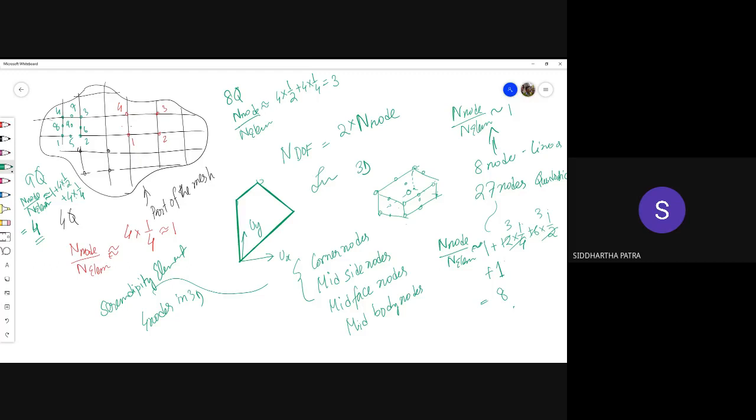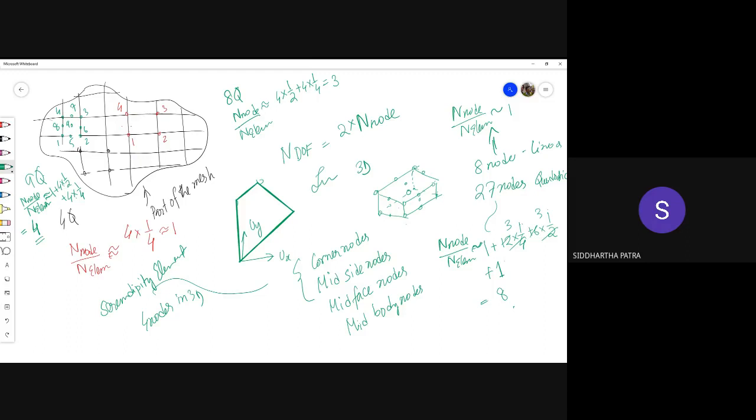When you are using a serendipity element, the term serendipity means that you are getting something for a lower price, or you are getting something that you didn't expect. So the thing is, by using a lesser computational volume, you are employing quadratic behavior in the element.